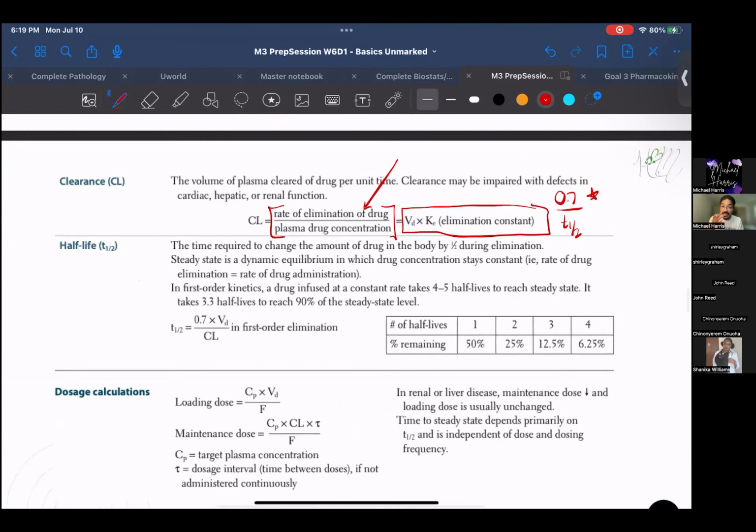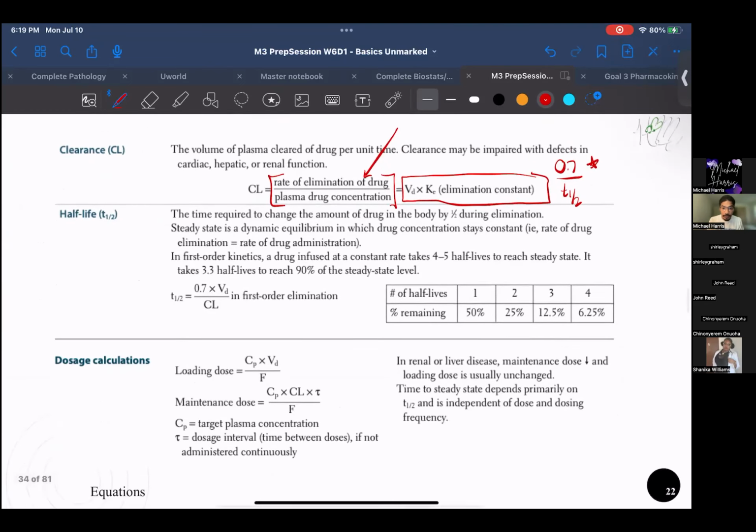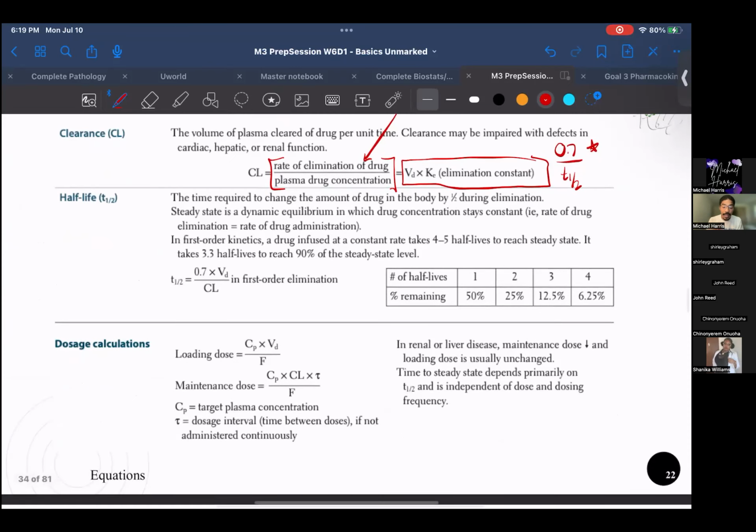Now, the next thing is half-life. So half-life, what is this? Half-life is essentially how long it takes for a mass of a drug to divide by half. So it's a length of time it takes for the drug to have half of it eliminated.